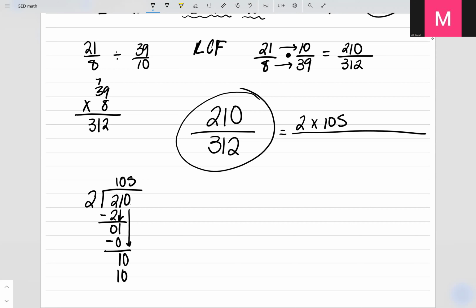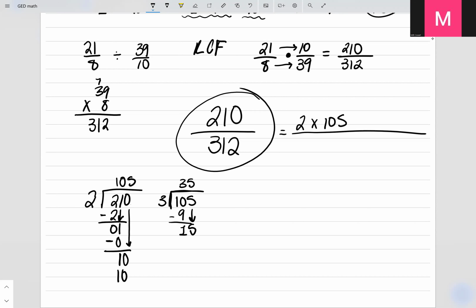And now we want to do 105 divided by the smallest prime number. But we don't want to do 2 because 5 is the ending number, so it's odd. It's not going to be divisible by 2. So the next possible number is 3. Let's try that. 3 times 3 is 9. Minus, that's going to be 1. Bring down the 5.